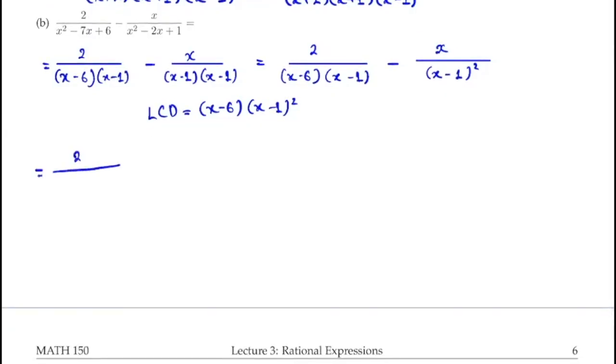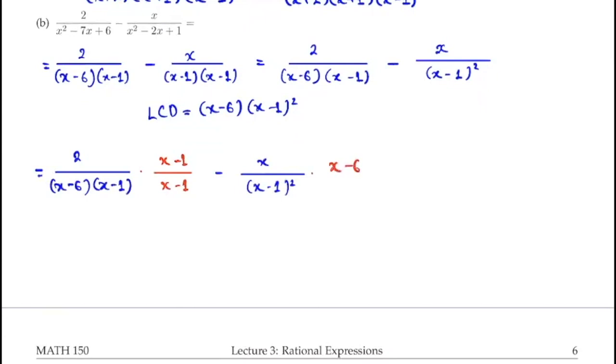We got 2 times (x minus 6) times (x minus 1). We are missing 1 x minus 1. So you multiply the top and bottom by x minus 1. For the second expression, you are missing x minus 6.